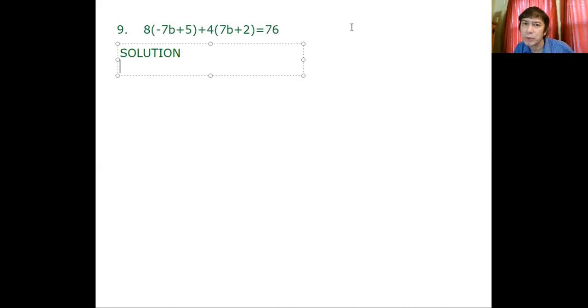If we can only reduce the numbers by way of division, then we will be working with smaller numerical values. You see these two numbers here, 8 and 4. 4 can be divided by 4 exactly with 0 remainder. 8 can be divided by 4 also with 0 remainder. How about 76? Can we divide 76 by 4 also with 0 remainder?